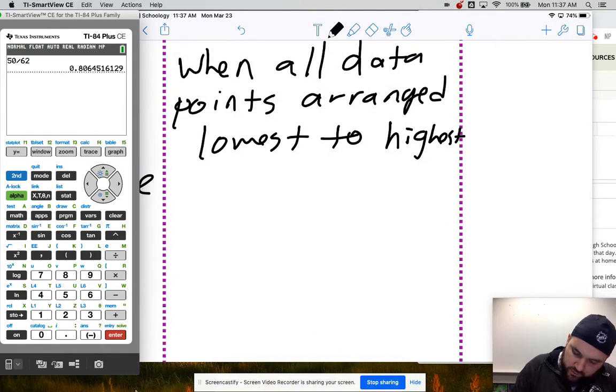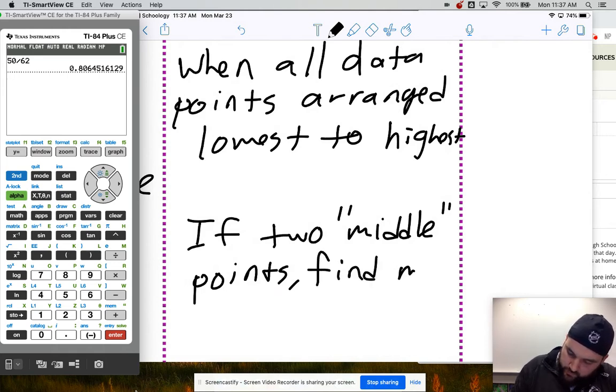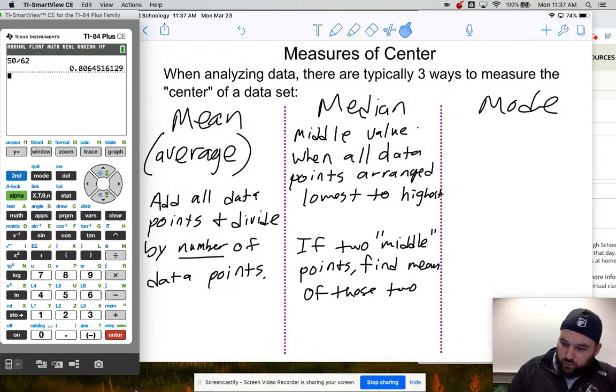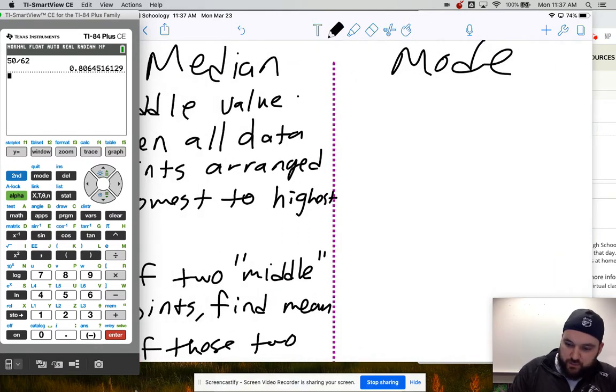And if there are two numbers in the middle, we're going to find the mean of those two. Again, it's not fun to watch an old man write on an iPad, but we'll get to the actual examples briefly.